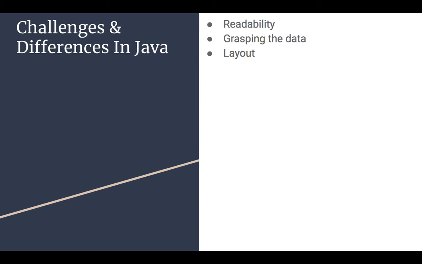But it was also simpler than C. Grasping the data was also a big issue for me at first, but it was actually not too bad. And lastly, the layout of the Java binary search tree was really good and made it enjoyable to code.